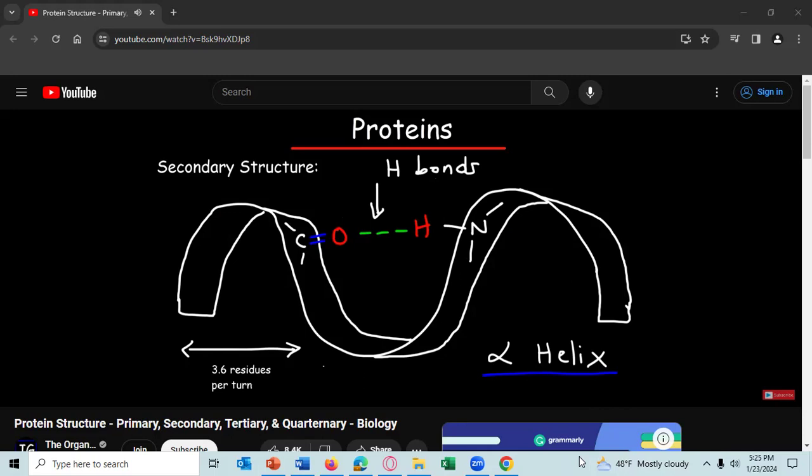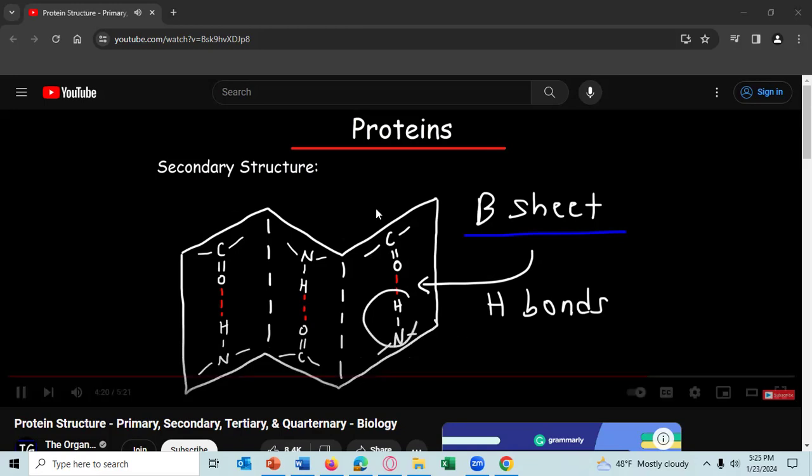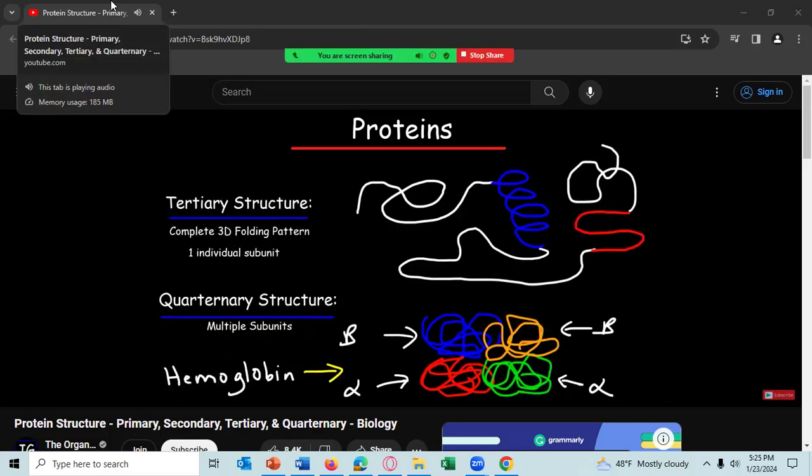And each turn contains about 3.6 amino acid residues. Now here is a visual illustration of the beta pleated sheet. Just like the alpha helix, it too is stabilized by hydrogen bonds between the carbonyl group of one amino acid and the NH group of another amino acid.